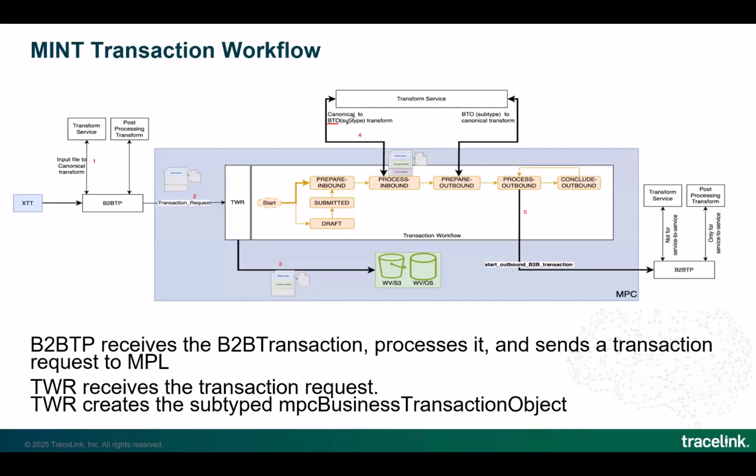So canonical to BTO transform, or subtype transform. And this is the information that you see available on the user interface, right? So there is a transformation step that happens on the file which converted it to the canonical. And there are internal transforms available for converting this canonical to the BTO or subtype, which the application uses to show data on Mint.